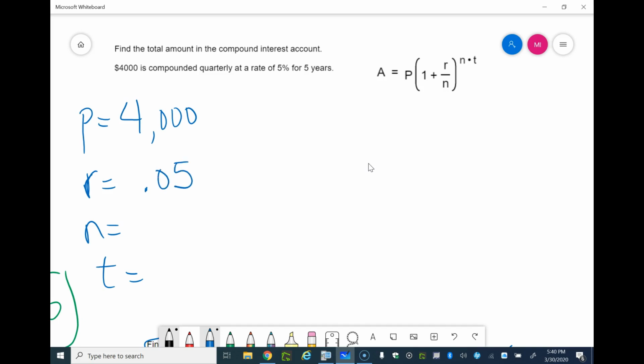The N is actually going to be quarterly, which is going to be 4, and then the time is going to be 5 years. So now that we have everything checked off, we just go through and put it into our compound interest formula.